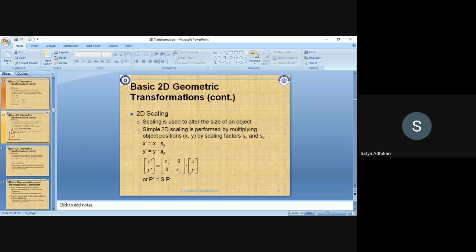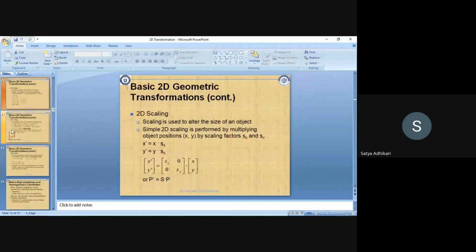So far we have discussed two techniques. One is translation and the other is rotation. Now the third technique is scaling. In translation, we shifted a point or image from one position to another position.